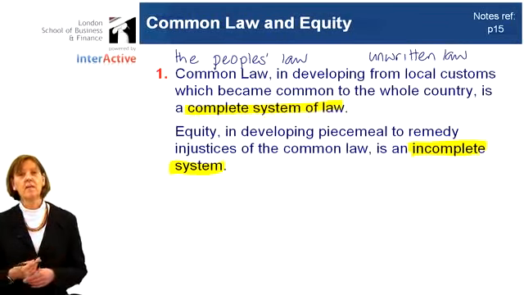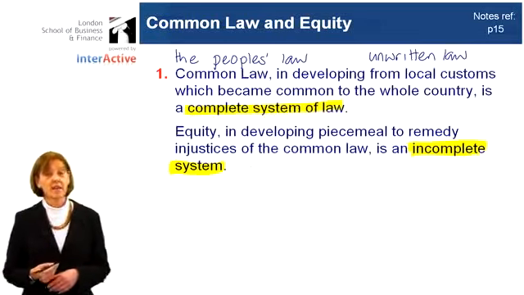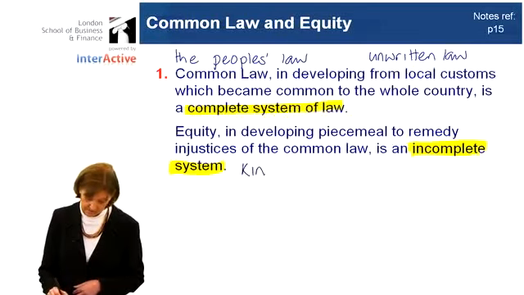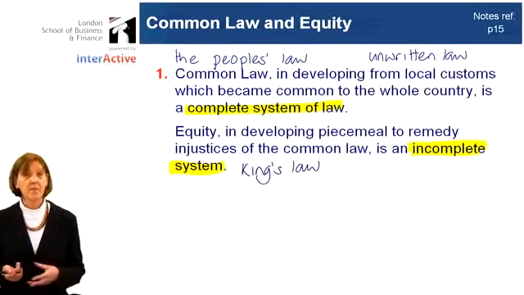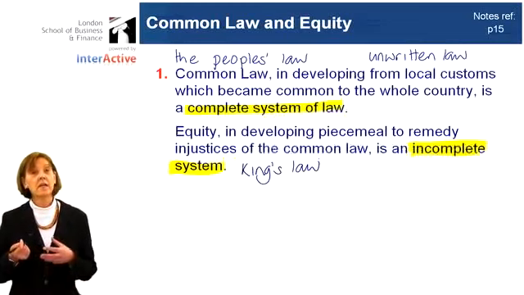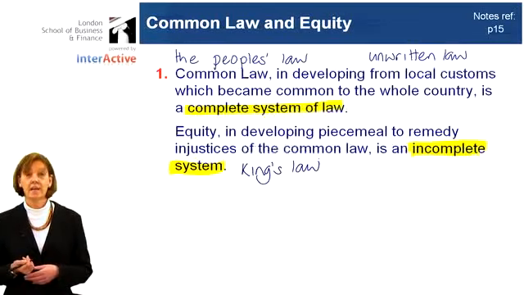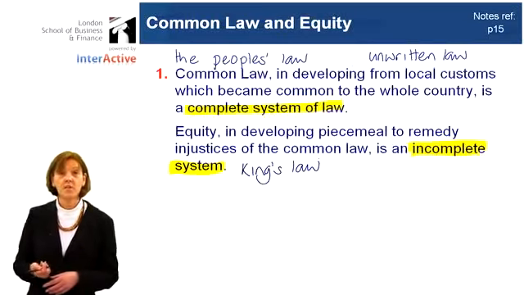Because of the way it developed, it's also at least sometimes called, very colloquially, the King's Law, because it developed in the name of the King. It does actually share a characteristic with common law, in that, like common law, equity is also unwritten.